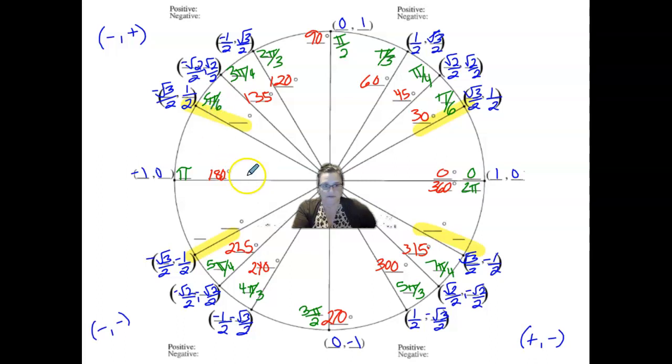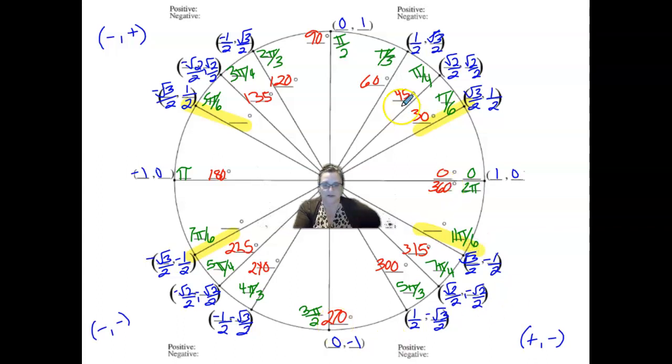Again, if half the circle is 6 pi over 6, 1 more than that would be 7 pi over 6. If the whole circle is 12 pi over 6, 1 back from that would be 11 pi over 6. And now we have all of our radian measures.